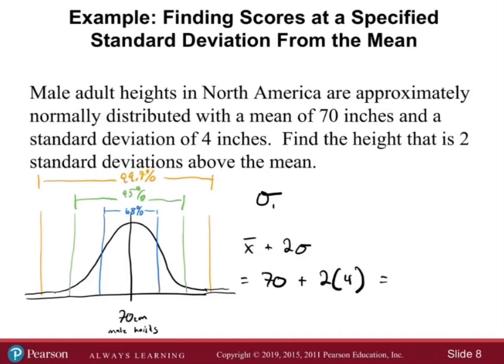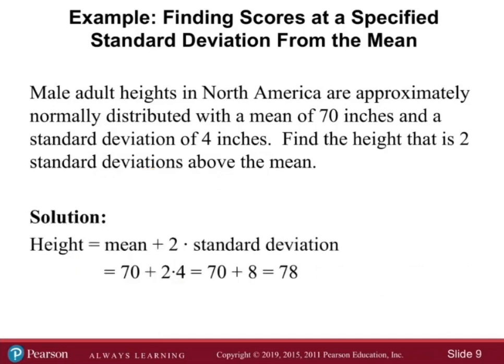So 2 standard deviations above is going to be 78 inches. All we did was take the average and add the standard deviation twice, going up by 8 in this case. So the average plus 2 standard deviations.